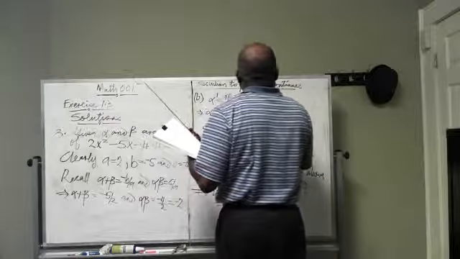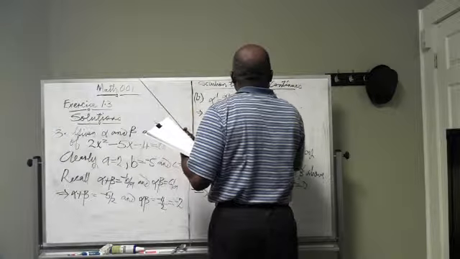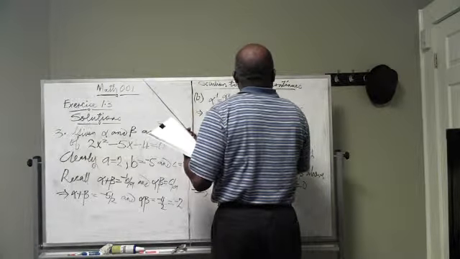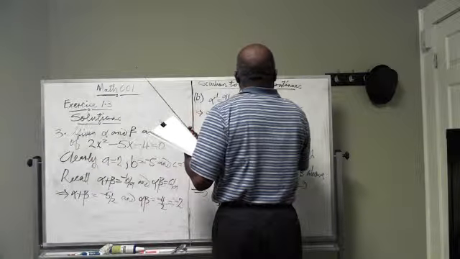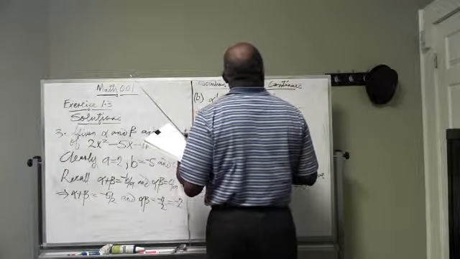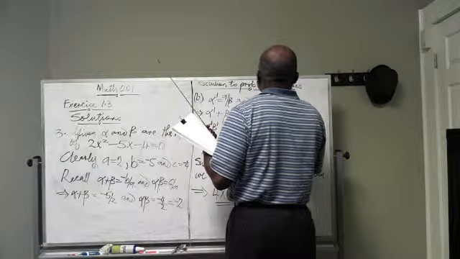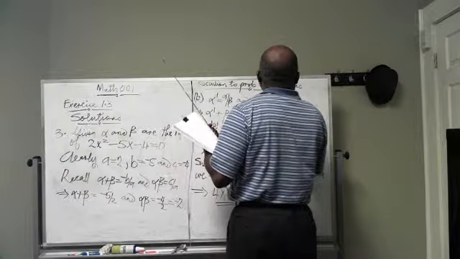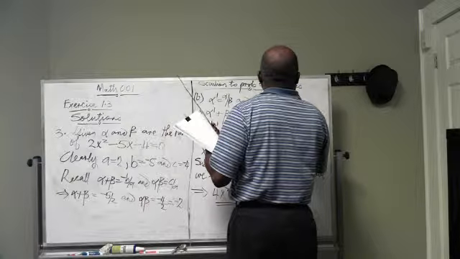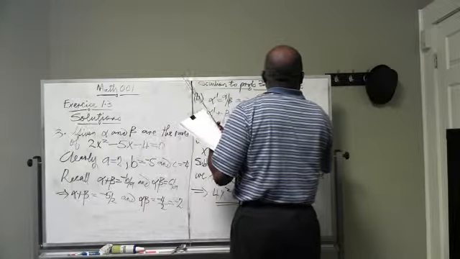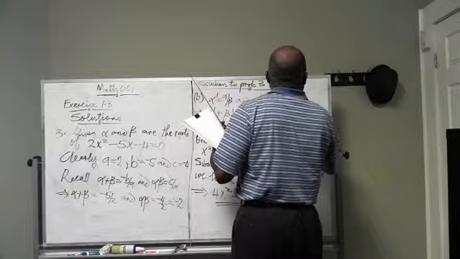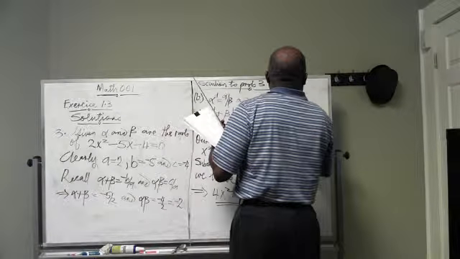So solving this fraction, we see that this will be alpha squared plus beta squared all over alpha beta, which is equal to alpha plus beta all squared minus 2 alpha beta all over alpha beta.